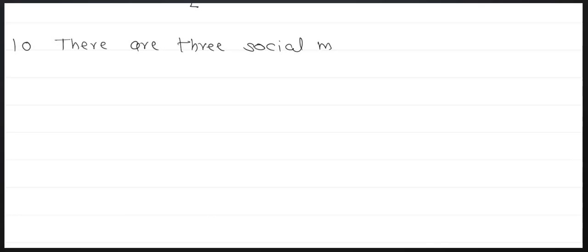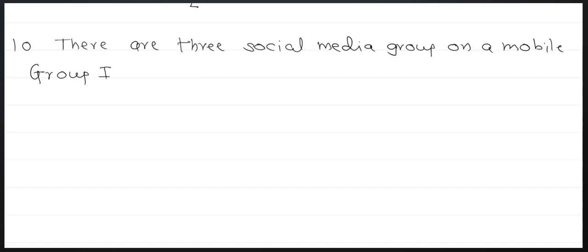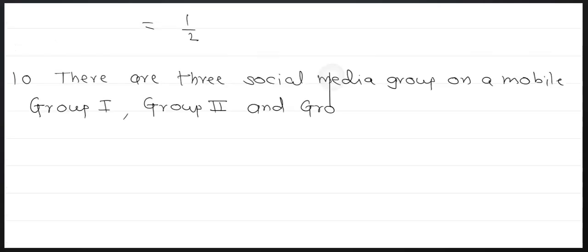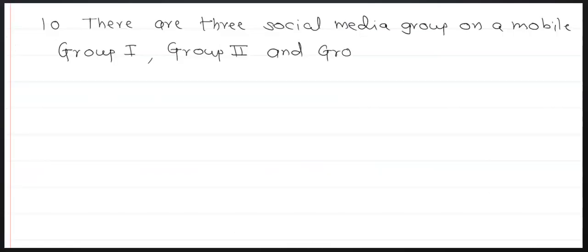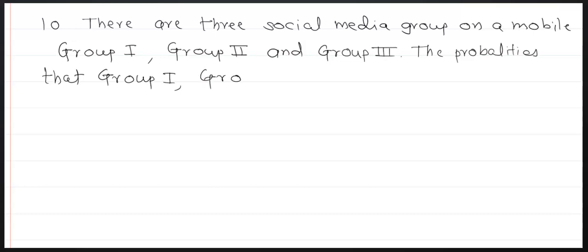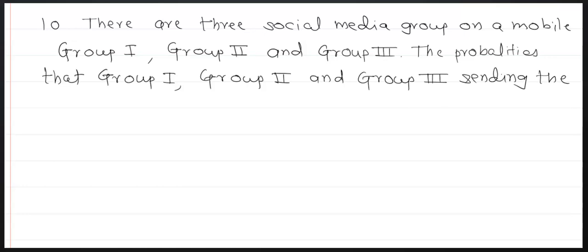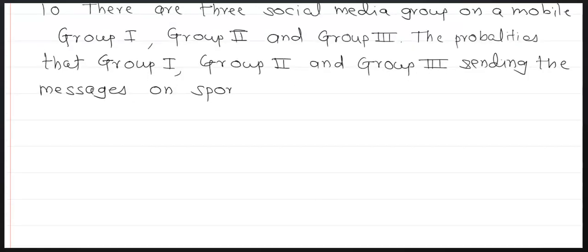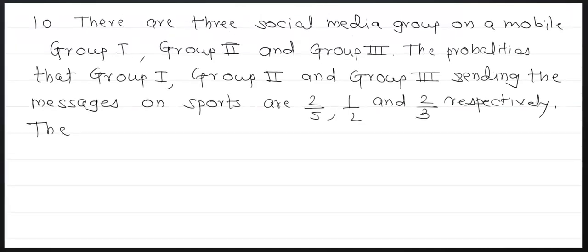There are 3 social media groups on a mobile, group 1, group 2 and group 3. The probabilities that group 1, group 2 and group 3 send messages on sports are 2 by 5, 1 upon 2 and 2 by 3 respectively.